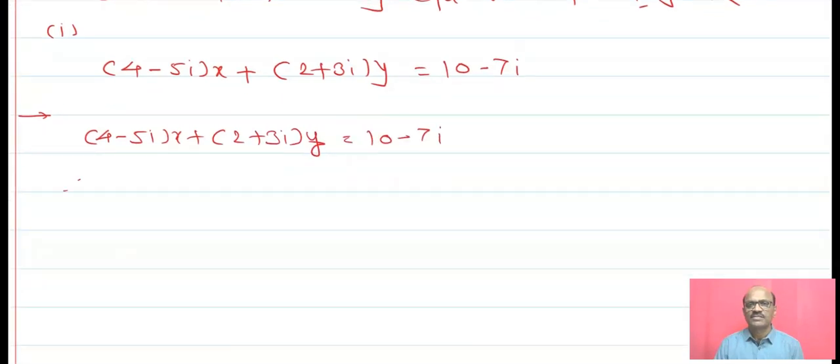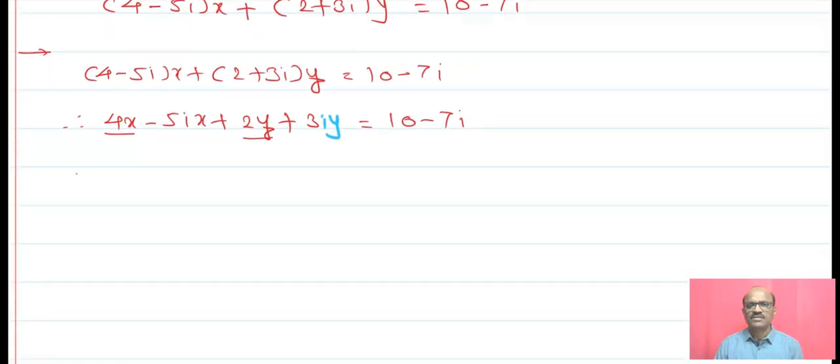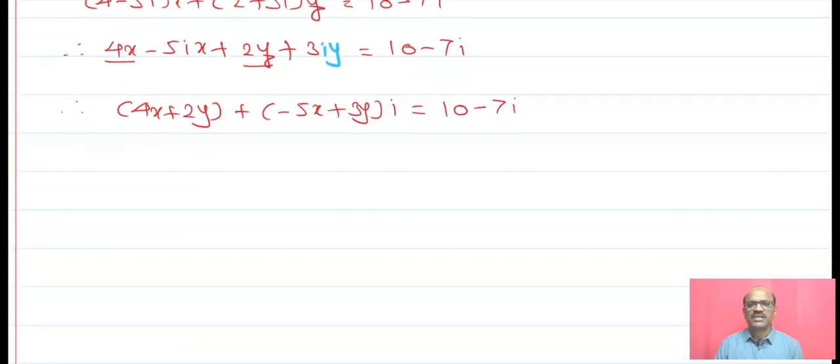Now (4 minus 5i)x plus (2 plus 3i)y is equal to 10 minus 7i. Normal multiplication is there. Therefore, the real part terms, that is 4x plus 2y, and the terms with imaginary numbers, that is (minus 5x plus 3y) times i, is equal to 10 minus 7i.